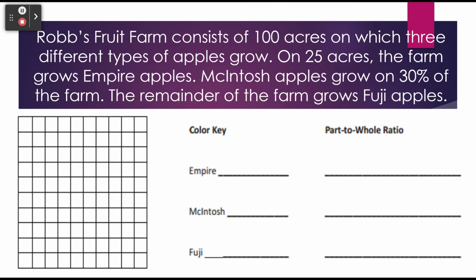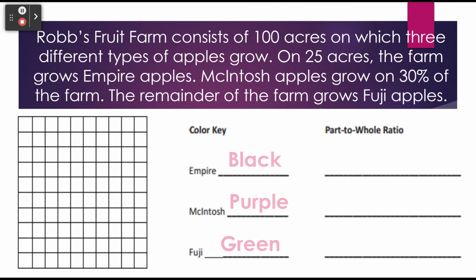So the first thing we're going to do is create our color key. And on the bottom, your Empire apples are going to be the black marker. So write the word black next to Empire. Our McIntosh are going to be purple, which leaves green to be our Fuji apples. Make sure you write all 3 of those words there.